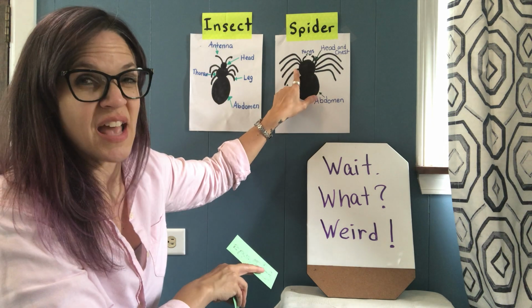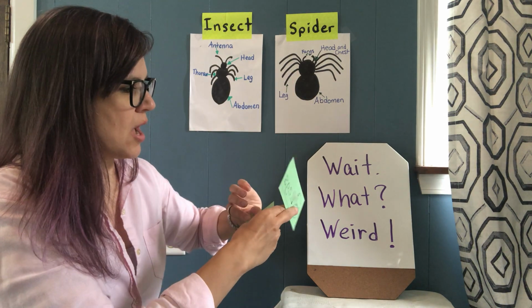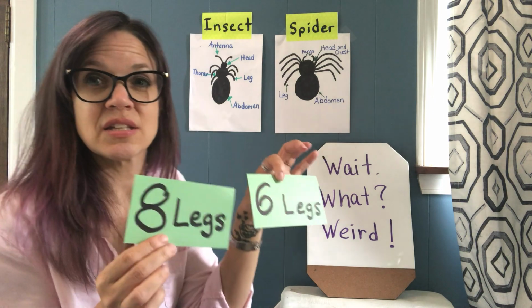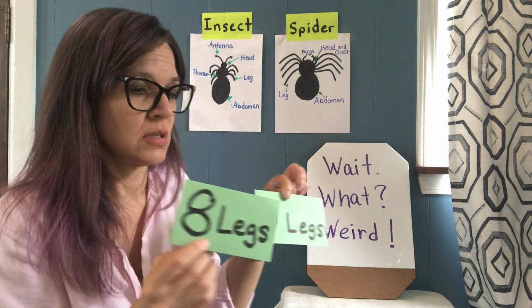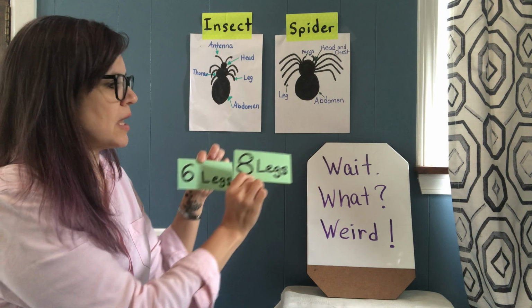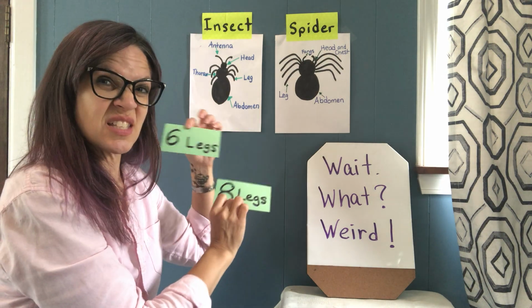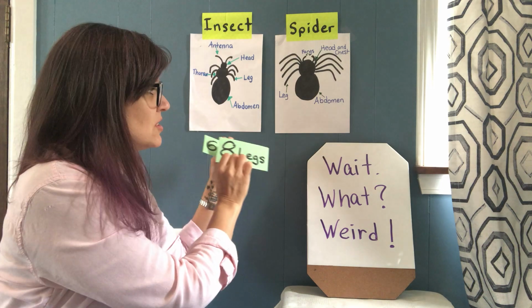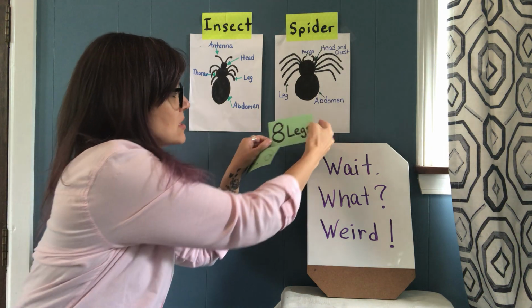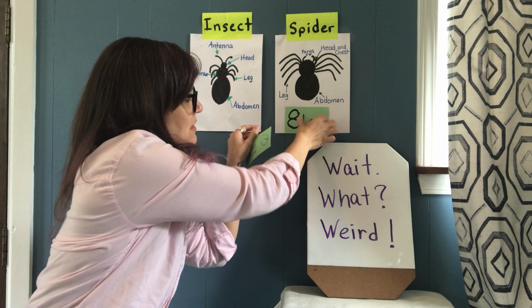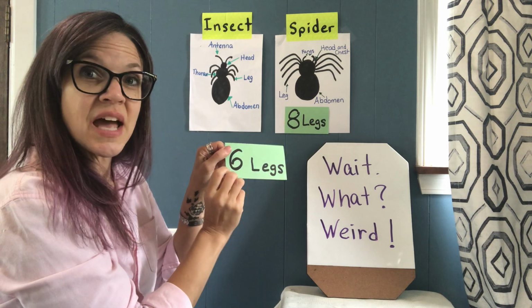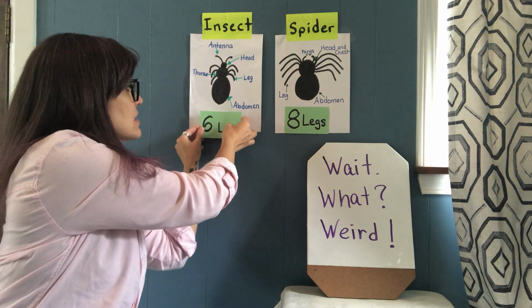And our spider has 8 legs. So I want to add this to our pictures. Which one has 8 legs? And which one has 6 legs? Our spider has 8 legs, and our insect has 6 legs.